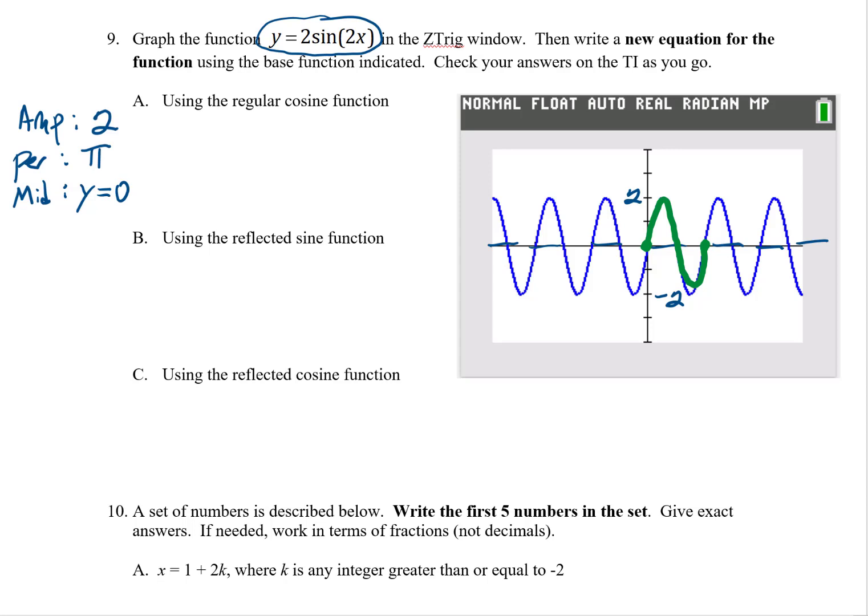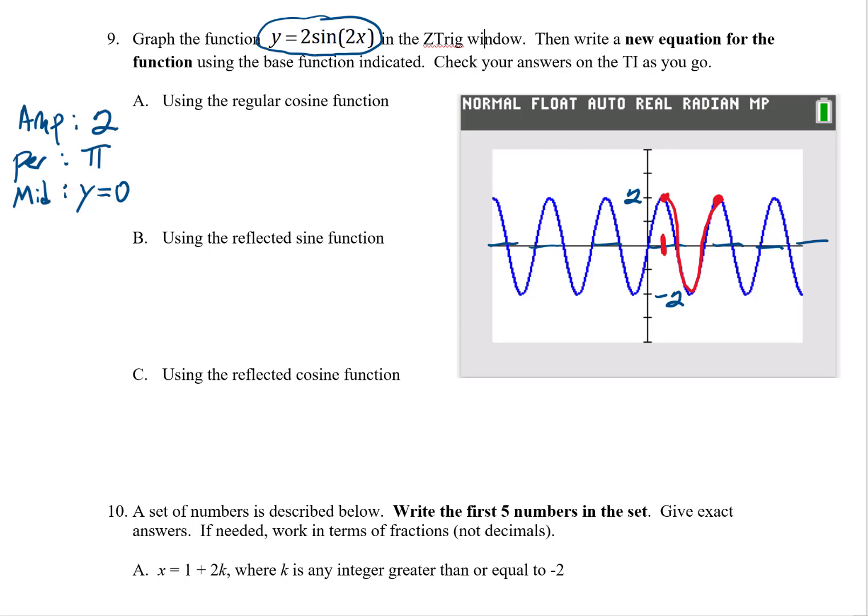So all of that's going to remain the same. What's going to change each time is the phase shift that I'm going to need to use, depending on which base function I'm working with. Letter A wants the regular cosine function. That's the vase. I need to find myself a vase. I can see one here. It starts at the high and ends with the high. If I want to use the regular cosine function, I need to know what this spot is.